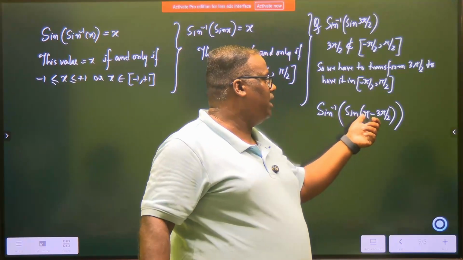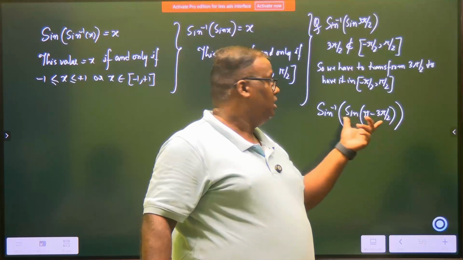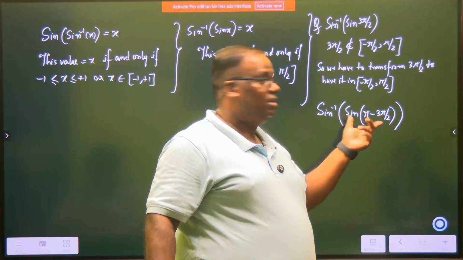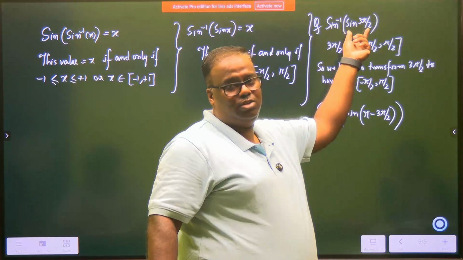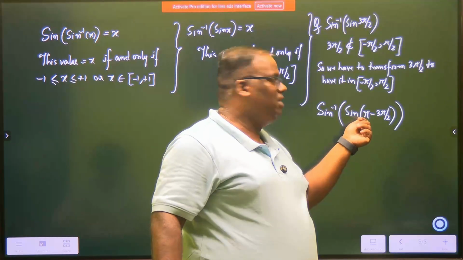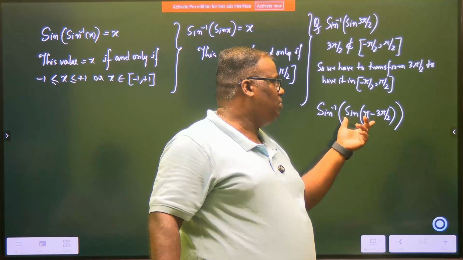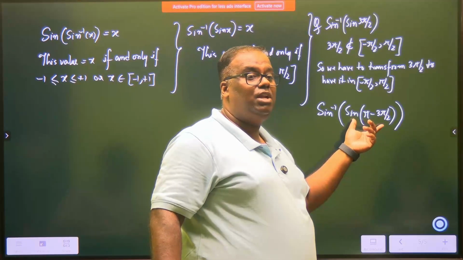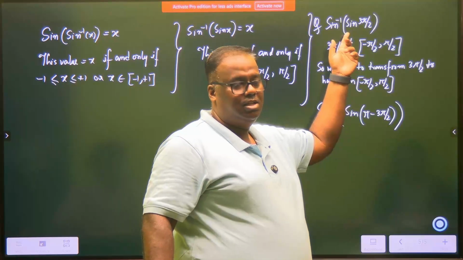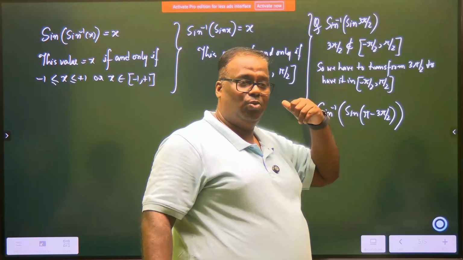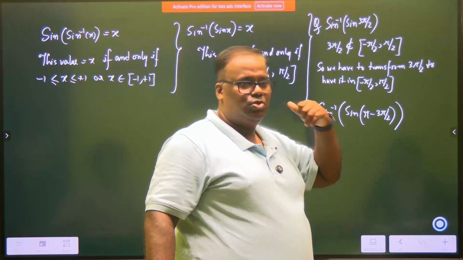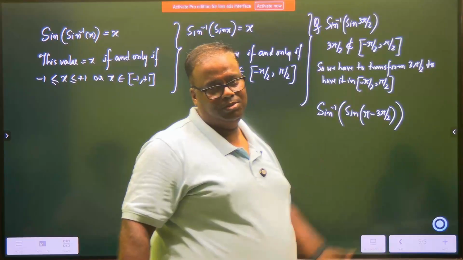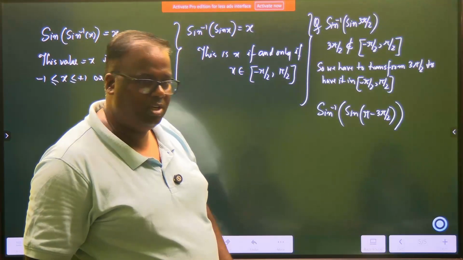Sine of pi minus 3 pi by 2: the function should stay the same, this value and this value cannot change. Sine of pi means the sine stays, so it will be sine 3 pi by 2. The parent function is sine, and pi minus means second quadrant, so it remains positive as sine 3 pi by 2. Are you understanding what I'm trying to say?